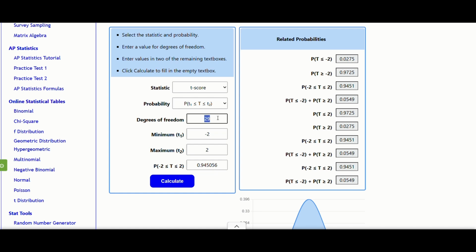Let's increase the sample size. Let's use a sample size of 50. We are closer. Let's use a sample size of 100. As you can see, we are getting closer and closer to the percentage we get when we use the normal distribution, which means that as the sample size increases, the t-distribution looks more and more like the normal distribution.